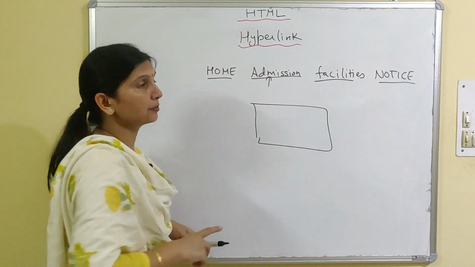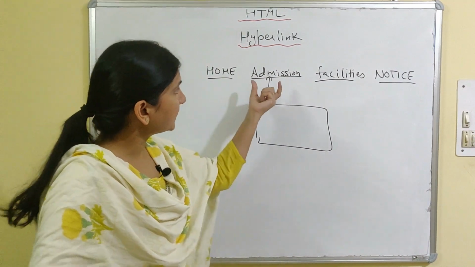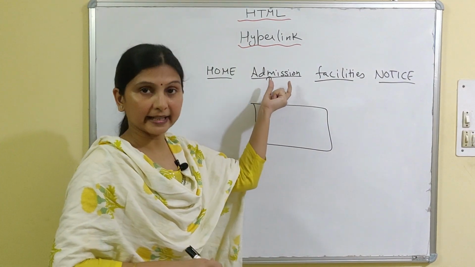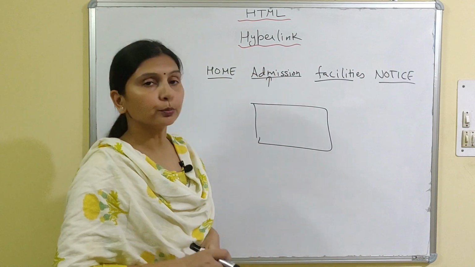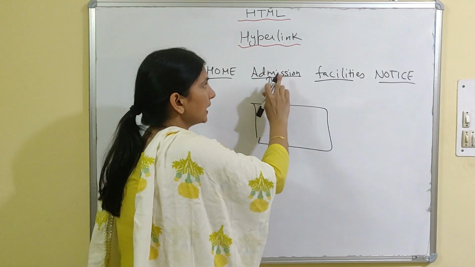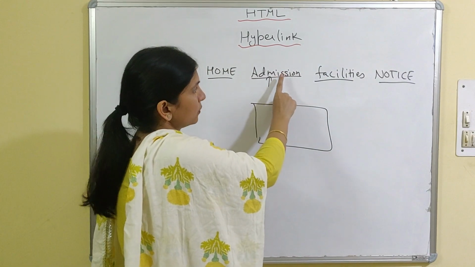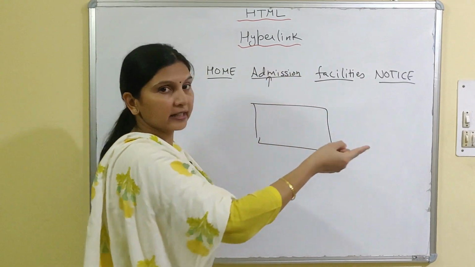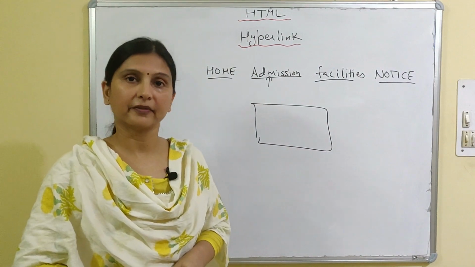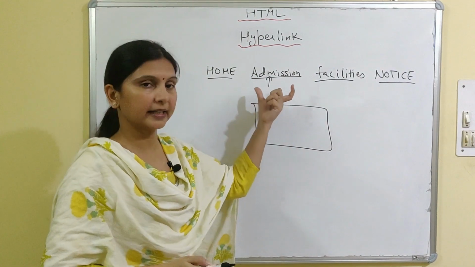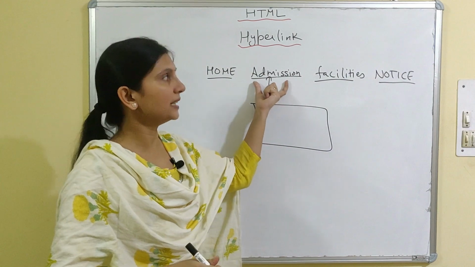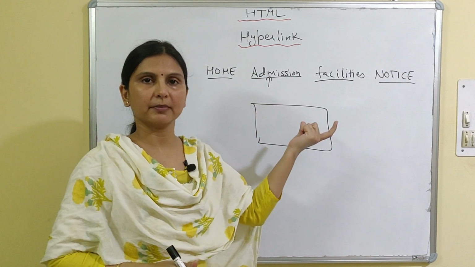So these are the hyperlinks. You will find that text underlined, and when you bring your cursor over admission, you will see a hand symbol. Fine. So when you click on that, it will take us to the other web page. This is called a hyperlink. And a hyperlink can be any text or it can be an image also.